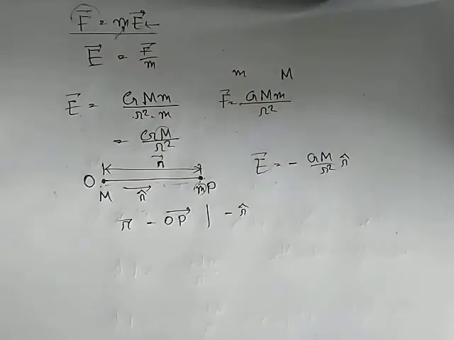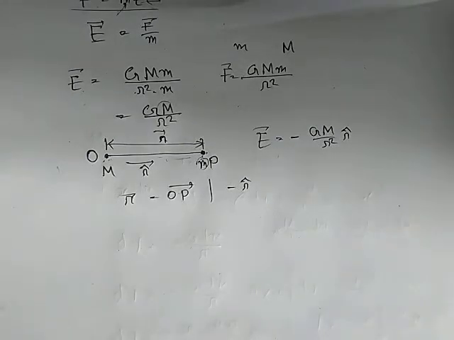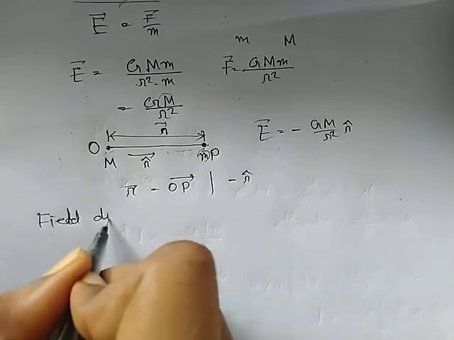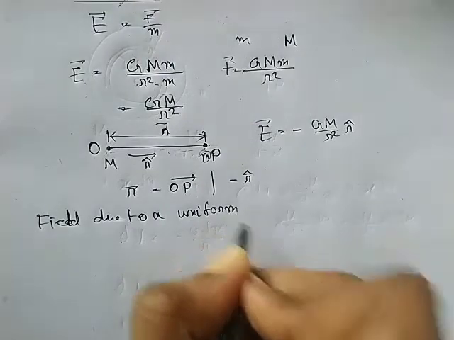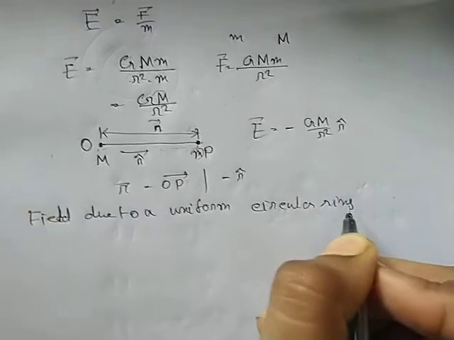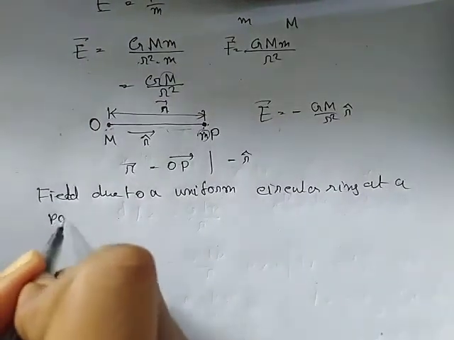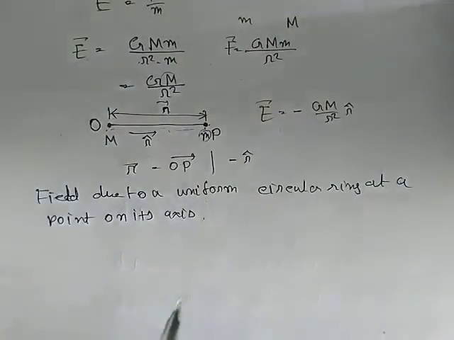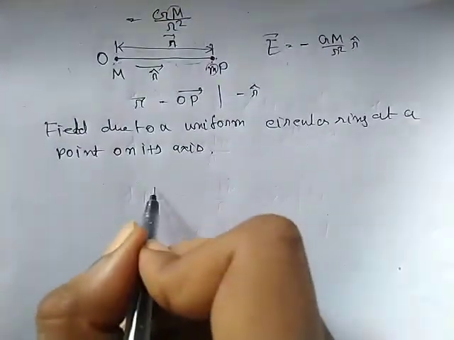Next we are going to consider the field due to a uniform circular ring at a point on its axis. So we will draw a ring first.